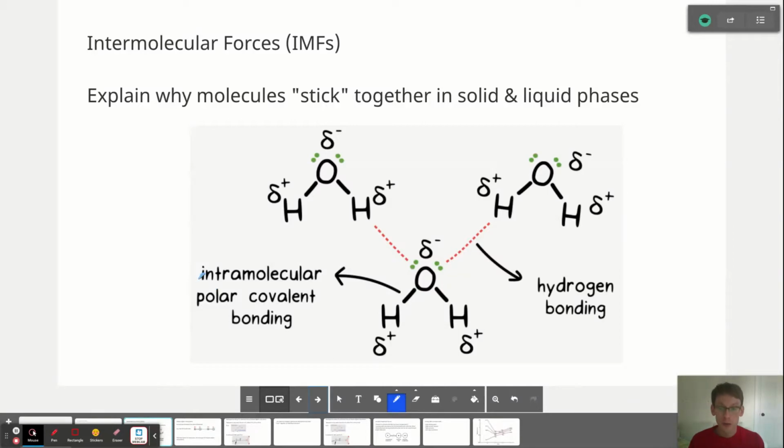That is an intramolecular interaction, and it is a polar covalent bond. But because of the great polarity in this bond, because that oxygen is partially negative, and the hydrogen in an adjacent molecule is partially positive, there can be attraction between that partial positive and the partial negative in different molecules. And that is called a hydrogen bond.